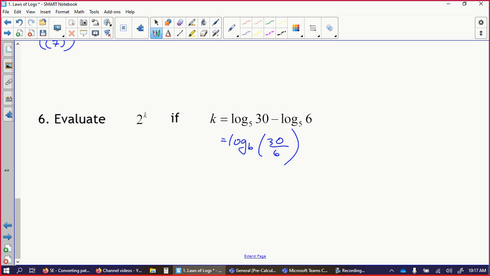30 over 6. 30 divided by 6 is, oh, log base 5 of 30 divided by 6 is 5.